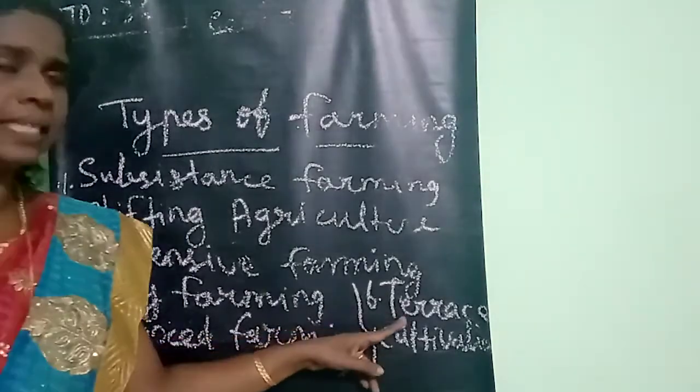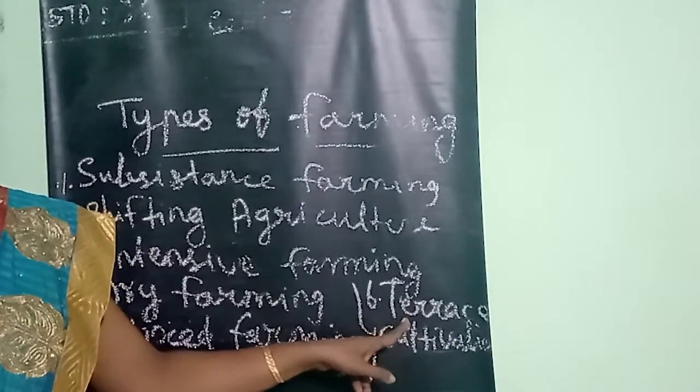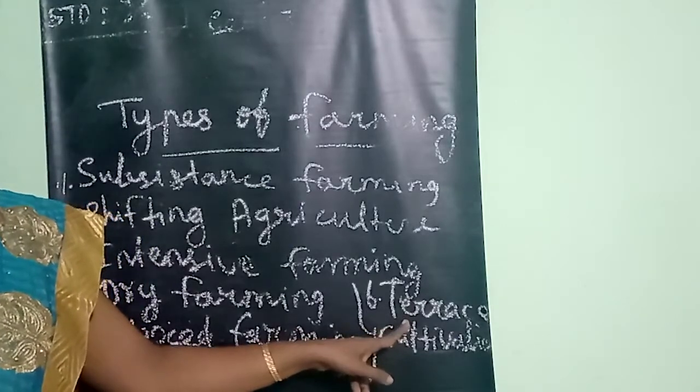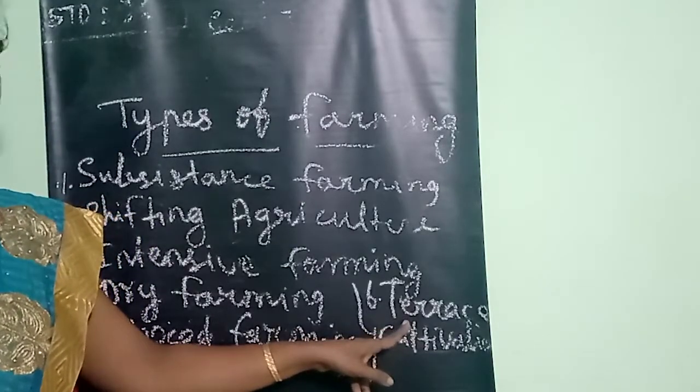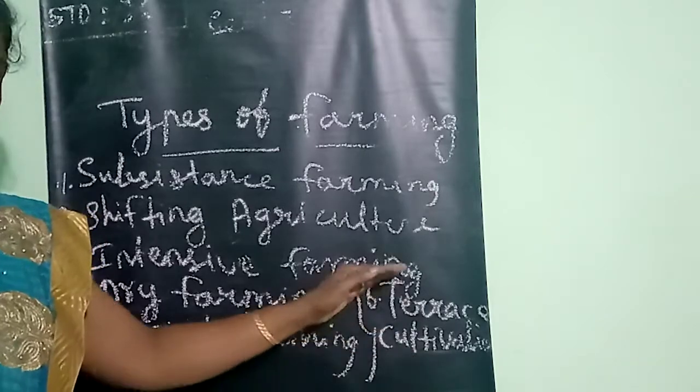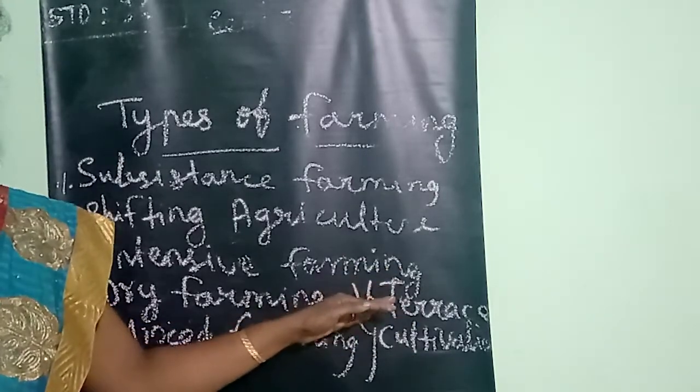Then the last one is terrace cultivation. This type of farming is practiced mostly in mountainous areas and hill stations.